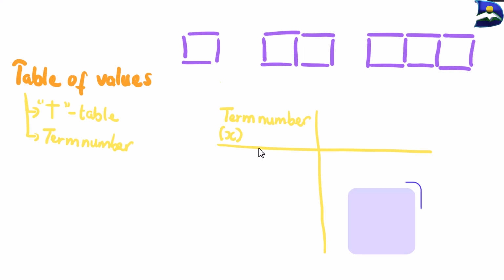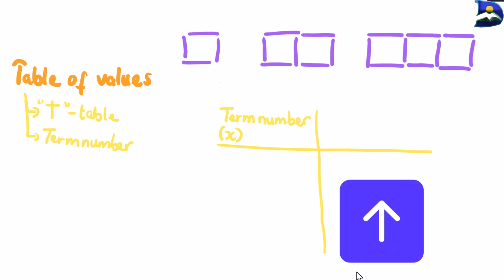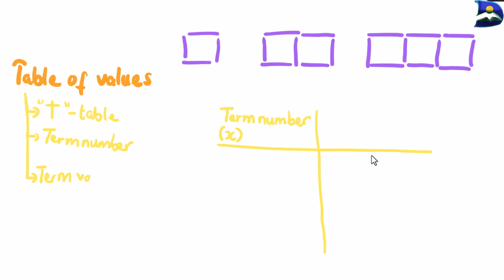The right column relates to another variable, known as the term value. The term value is represented as how many items are in a term number, and when you look at it, it covers the numbers on the y-axis.